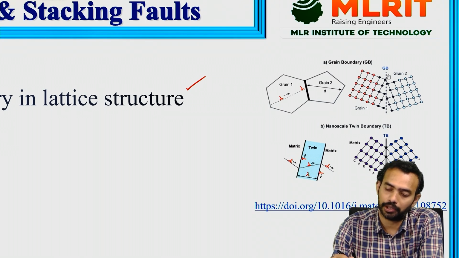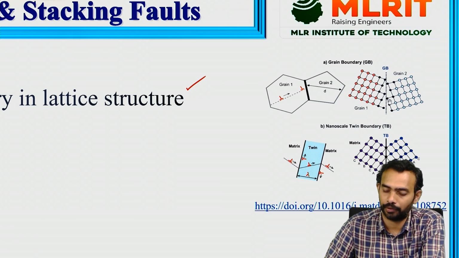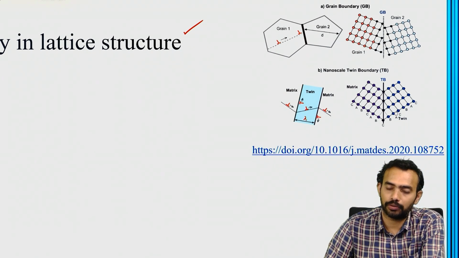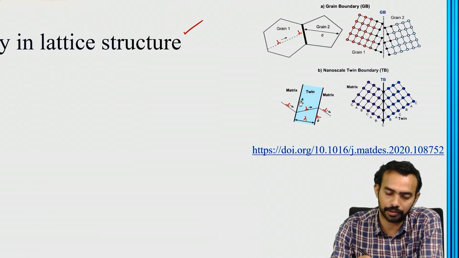The dotted vertical line indicates the grain boundary region. In this region there will be no regular arrangement. It will not follow either the grain 1 or grain 2 arrangement of atoms.